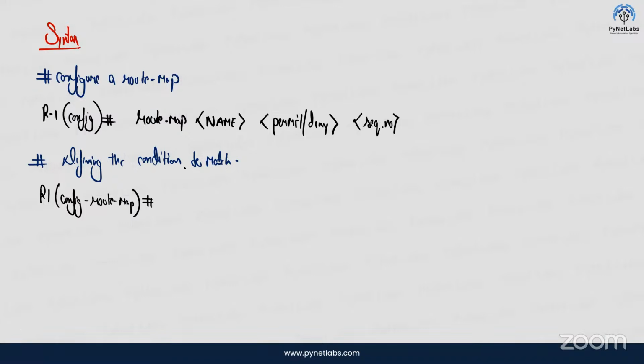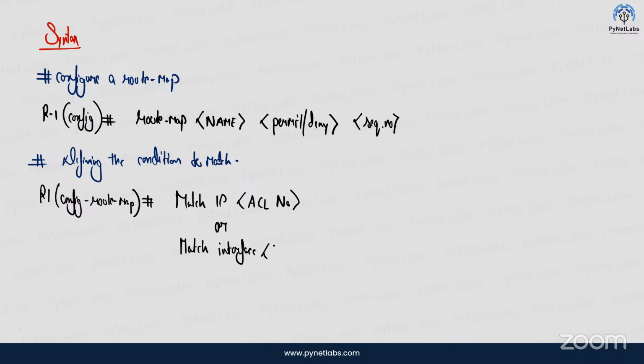So you will say match IP, and to permit or deny the traffic we are definitely going to use an access control list. So you say match IP address with the ACL number, or you can also match the interface.